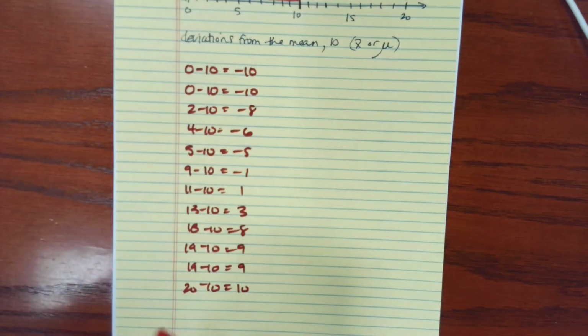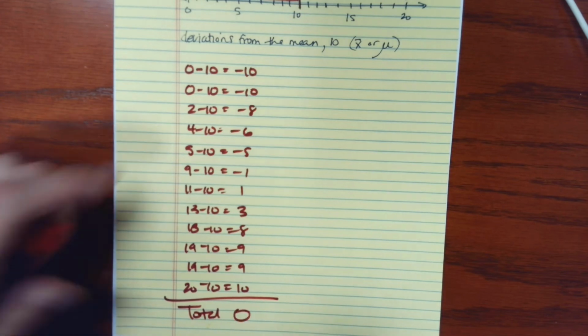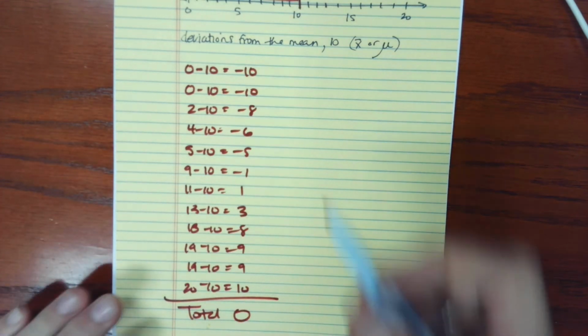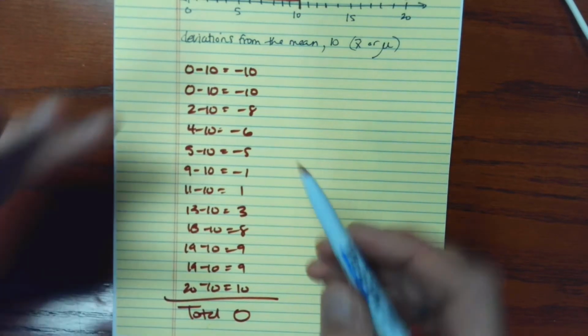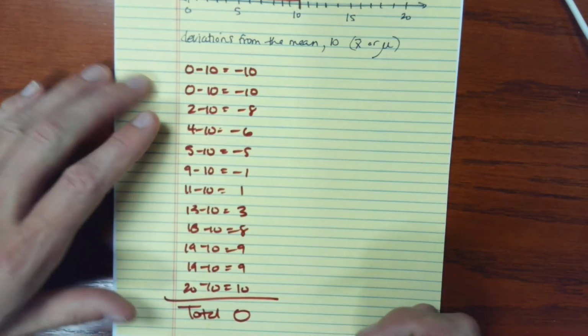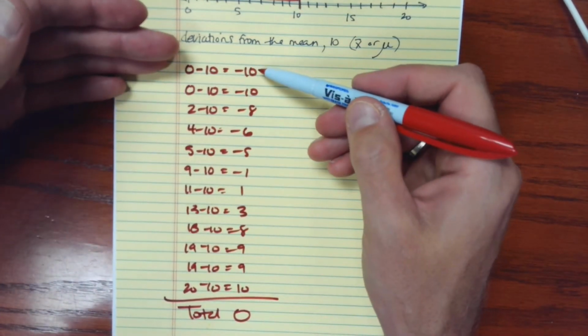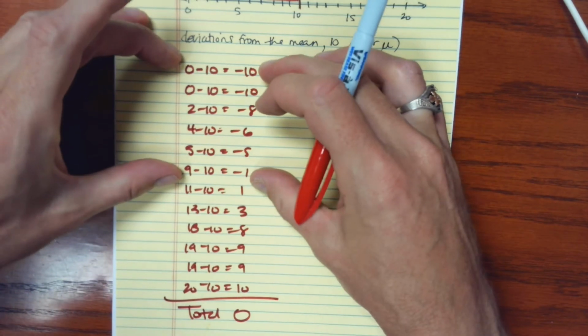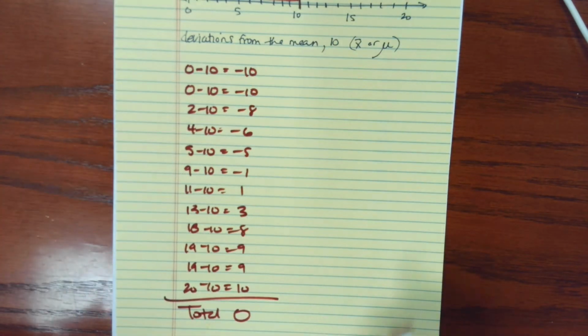Those add to 0. That's always going to be the case when we sum the deviations from the mean. So I can't simply take an average here, because the negatives cancel out the positives, and we end up with 0 right in the middle.